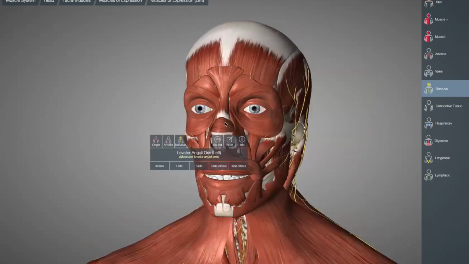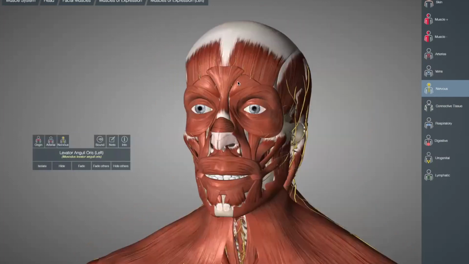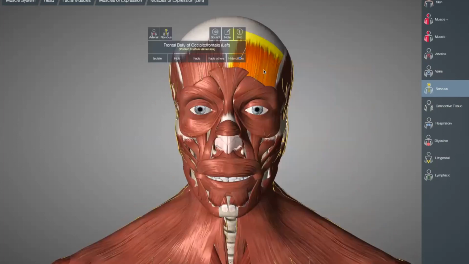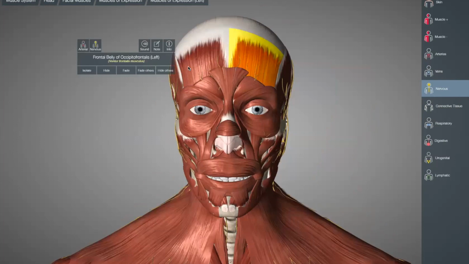So you have orbital, nasal, oral, and now the next group, which is just the occipitofrontalis.